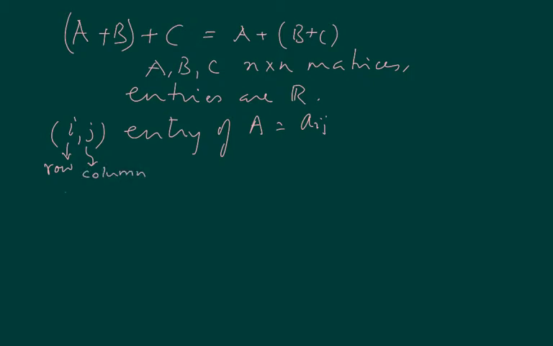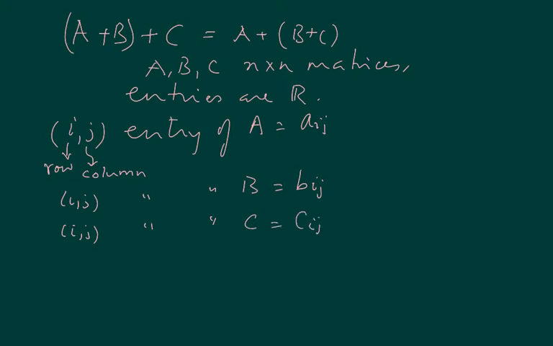And you assume the ij entry of B is some bij, and similarly the ij entry of C is some cij.